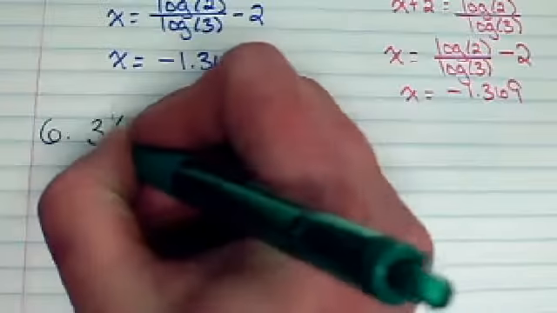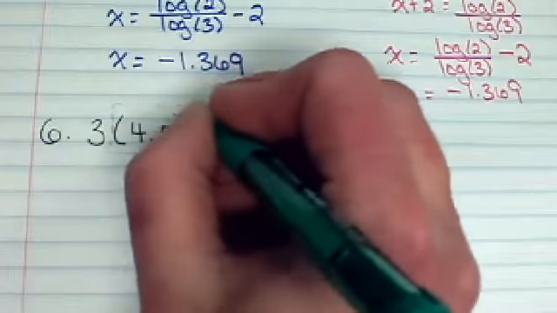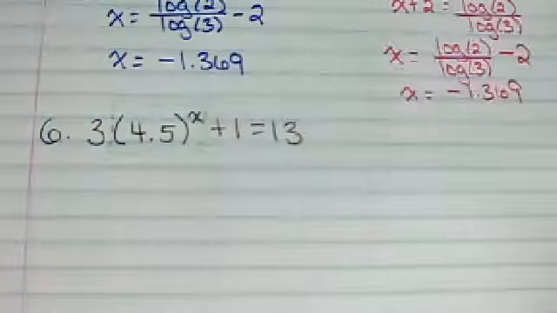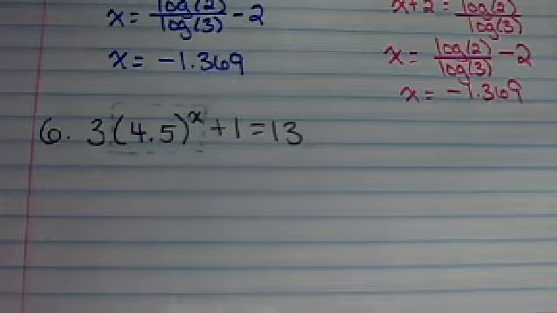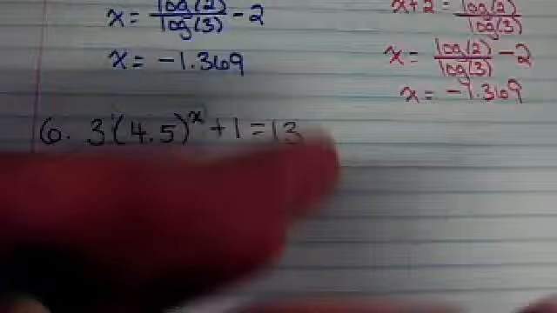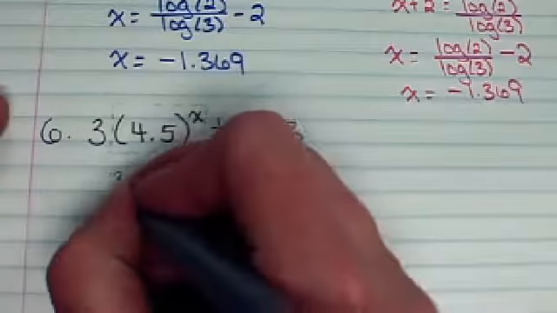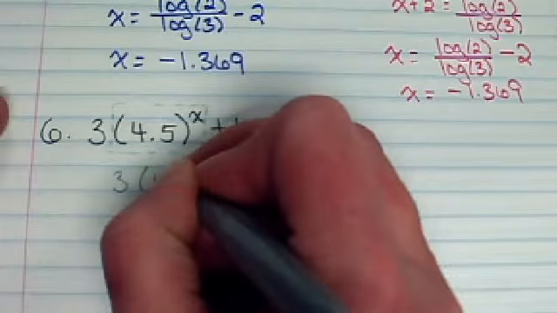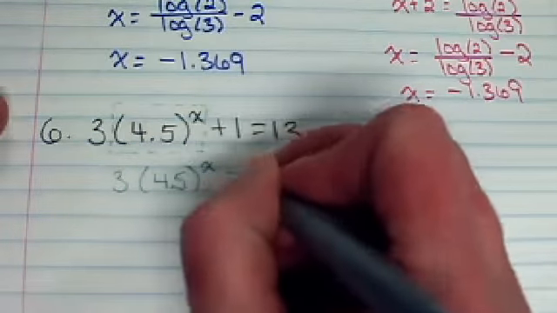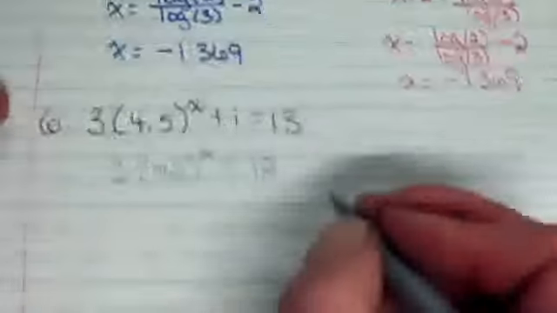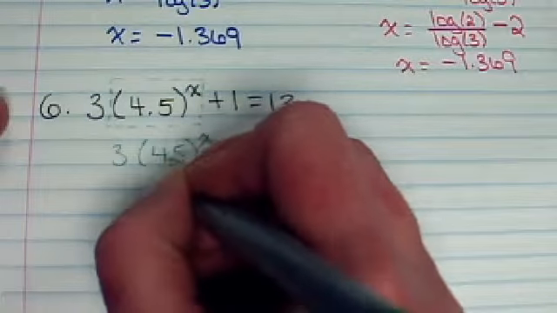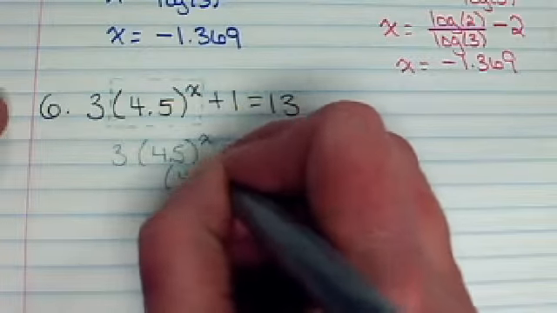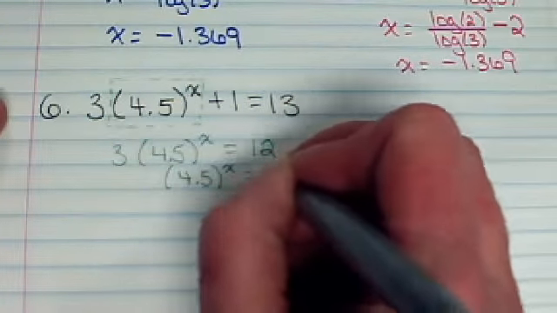So here, we would like to get this all by itself, and then we can make our decision on which route we want to go. So let's start by subtracting 1 from both sides. It's going to give me 3 times 4.5 to the x equals 12. Divide both sides by 3, and you get 4.5 to the x equals 4.